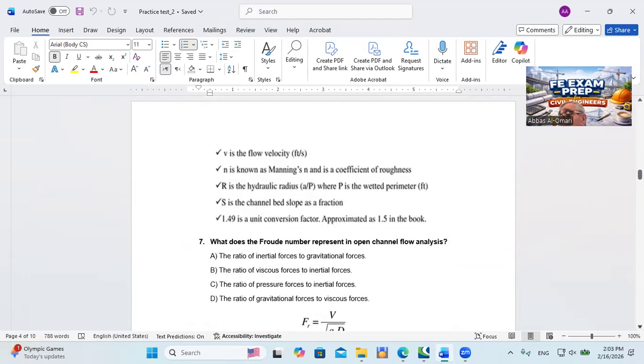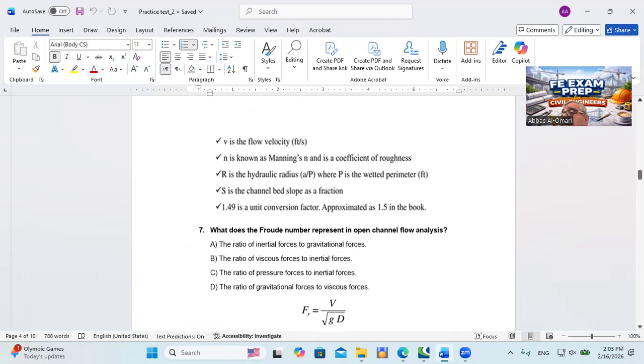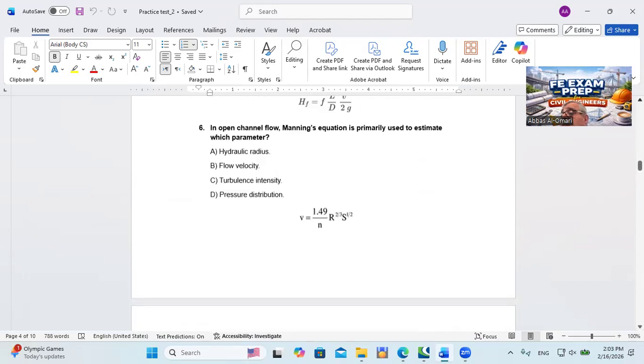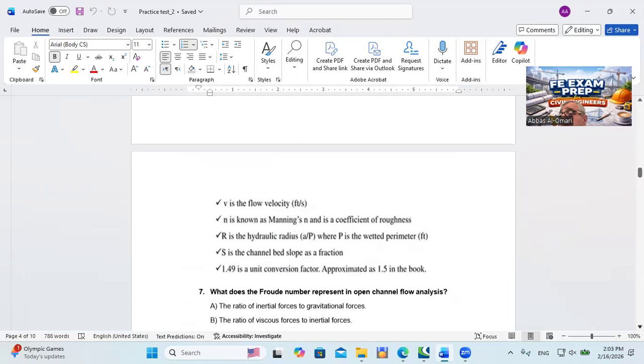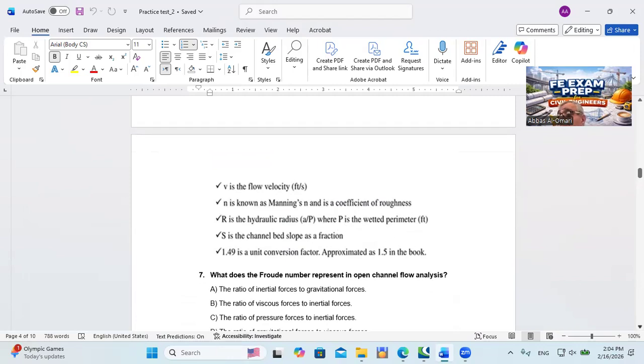So this is Manning's equation: V equals 1.49 over n, R to the 2/3, S to the 1/2, where R is the hydraulic radius. Now, the definition of the hydraulic radius is the cross-sectional area divided by the wetted perimeter. So this is the definition of the hydraulic radius.